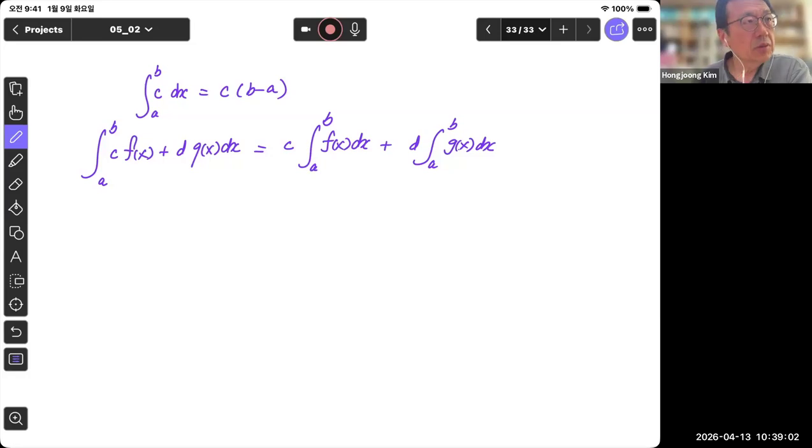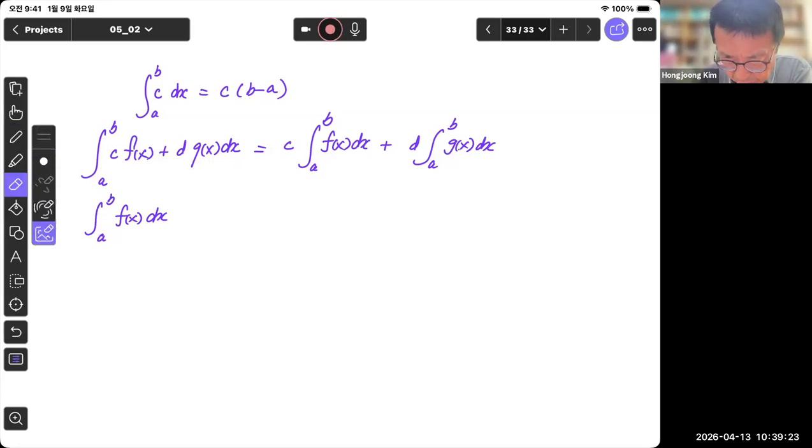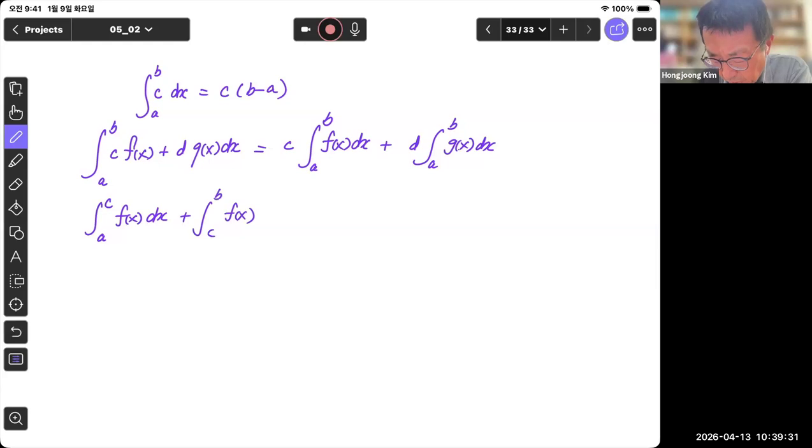Then, the integration of f of x from a to c and c to b gives you the integration from a to b.